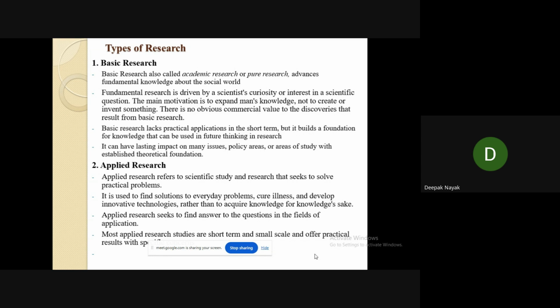In the previous classes, we have tried to gain some understanding about the concept of research, the concept of research in natural science and social science, and we have gained some comparative understanding about research between natural science and social science.